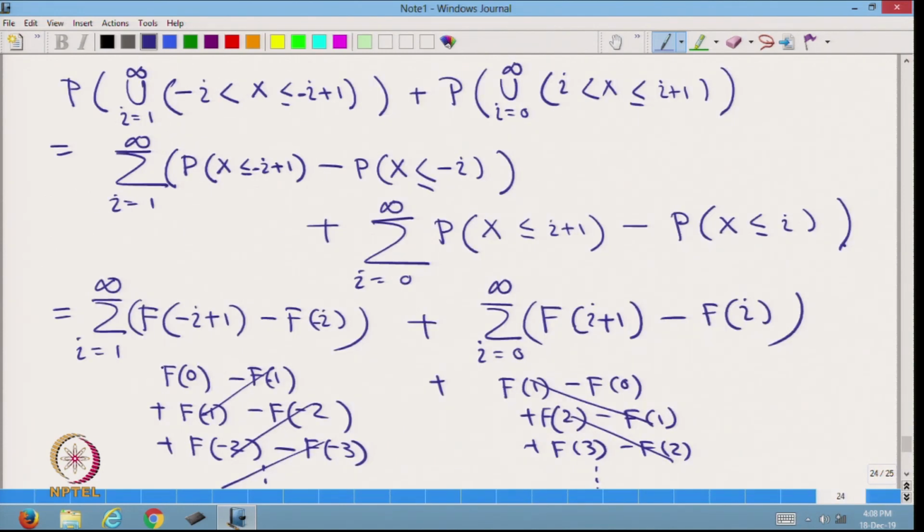So, from here we are going to get F of 0 minus F of minus a, and from here we are going to get F of b plus 1 minus F of 0.